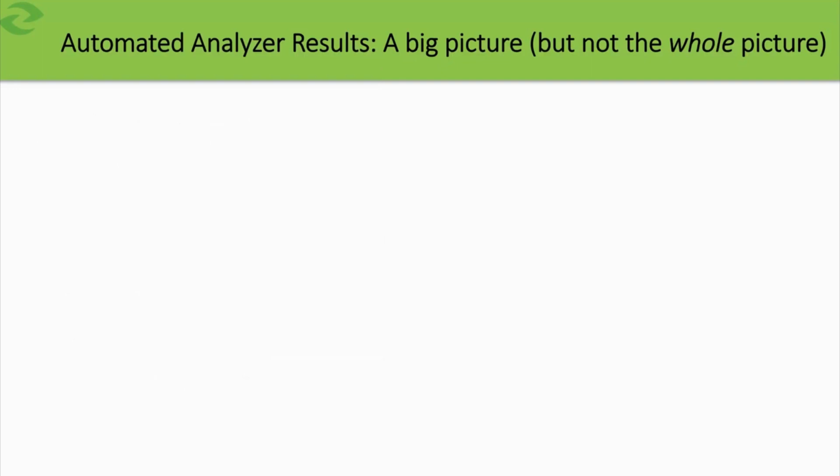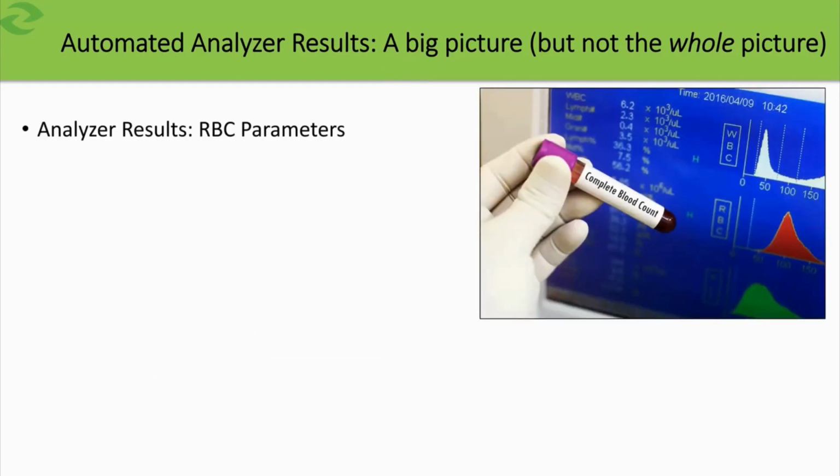So the automated analyzer results give you a really big picture, but it's really not the whole picture. So we're just going to briefly jump into the red blood cell parameters that are obtained off an automated hematology analyzer, and we're talking about ones that are in clinic, not necessarily a reference laboratory type of hematology analyzer.